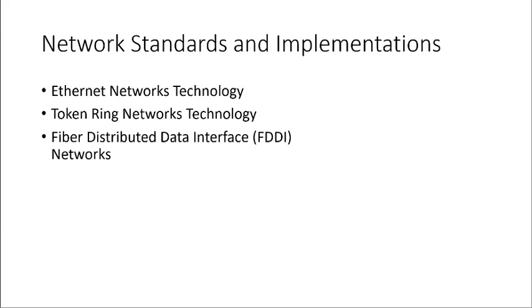For each technology, we will look at what the standards, the requirements are. If we use a cable, what should be the speed, how long can the cable be, and which type of media or cable should be used. So let us look at each network technology.